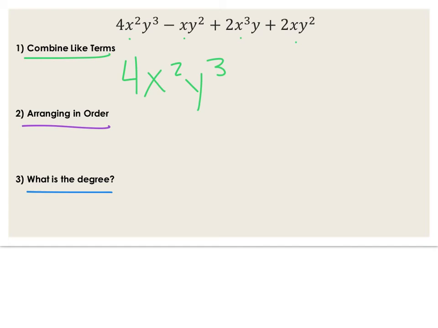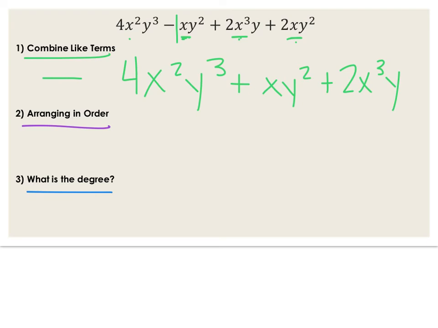Now I'm looking at this term right here. I want to see, does anything have one x and two y's in it? This one doesn't, but this one does. I can combine those together. So negative 1 plus 2 gives me just 1xy squared. And then this guy is x cubed, and so I can't combine him with anything. So he looks like that.